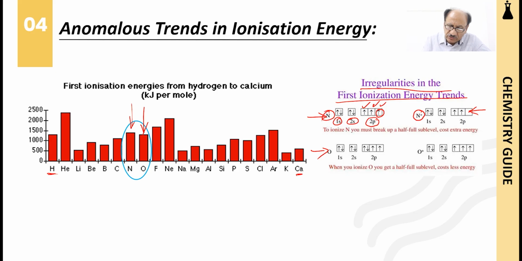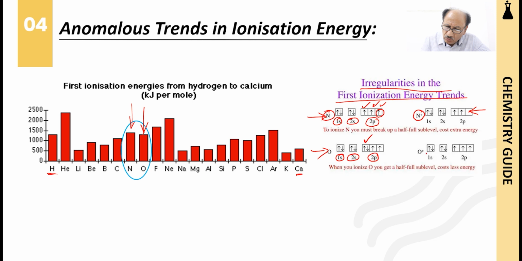Now in case of oxygen, the electron distribution is 1s2, 2s2, 2p4. So this orbital is having two electrons, so it is difficult to remove.